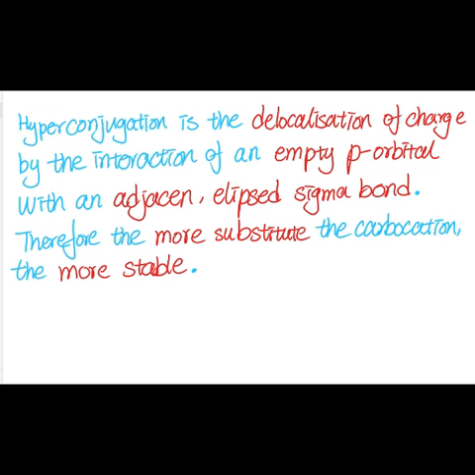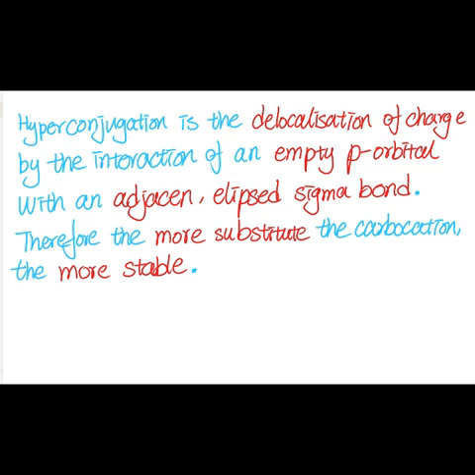So hyperconjugation is the delocalization of charge by the interaction of an empty p orbital, the one that we just saw, with an adjacent eclipsed sigma bond. Now I know this is getting very technical, but don't worry about it. At the end, it just means the more substituted the carbocation, the more stable it is.